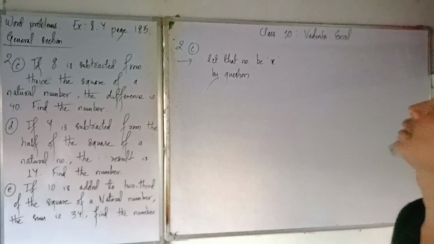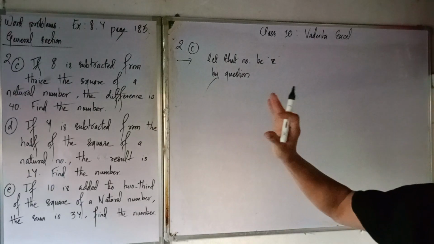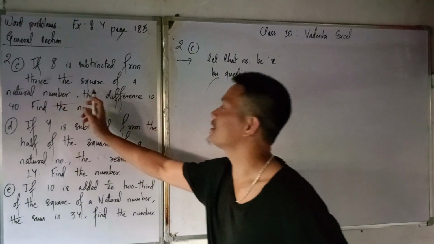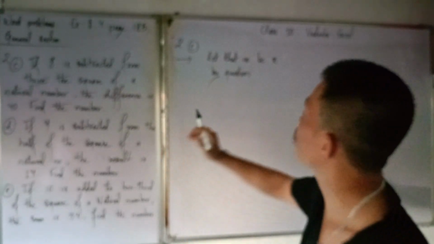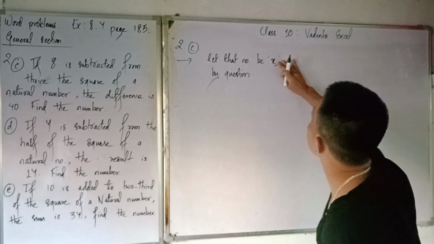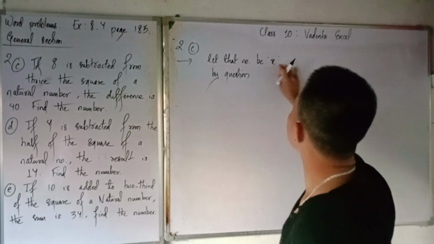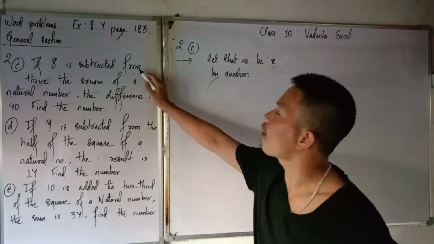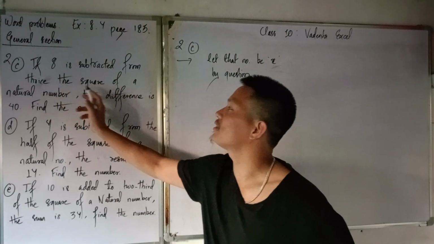if 8 is subtracted from twice the square of this number, x is the number we have supposed.